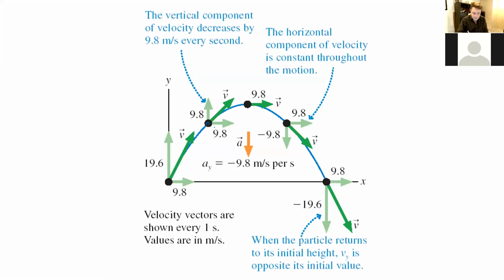One second later, it'll be up there. One second after that, the y component will have gone to 0, but it'll still be moving in the x direction with 9.8. You can notice this 9.8 in the x direction never changes, it just keeps going. But the y component goes down by 9.8 every second. So 1, 2, 3, 4 seconds later, it's returned to the same vertical position, but it's now way over in the plus x direction.